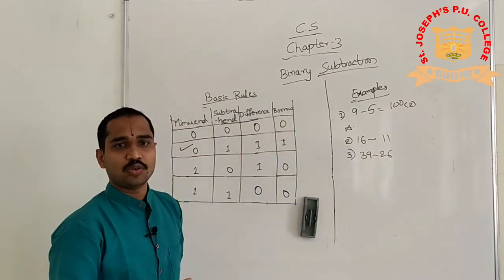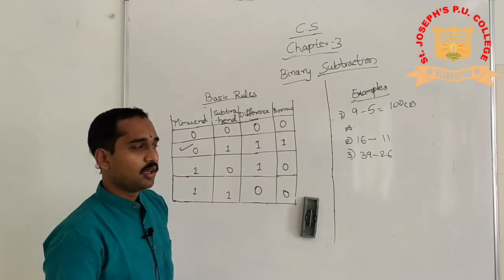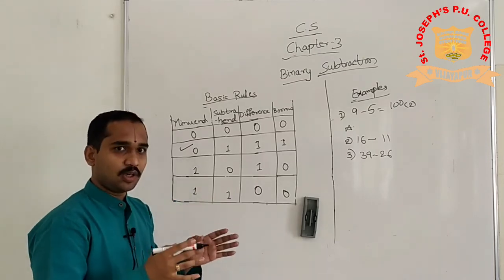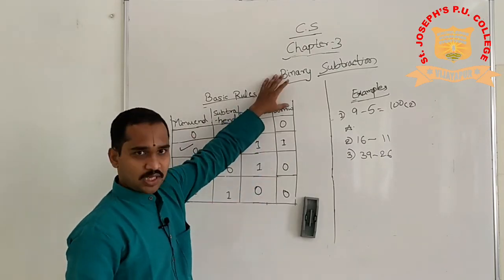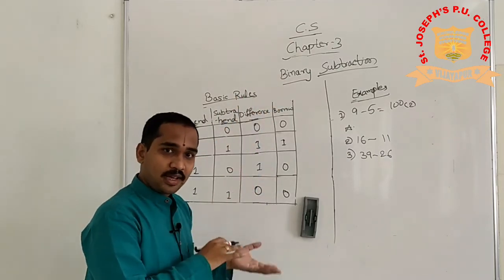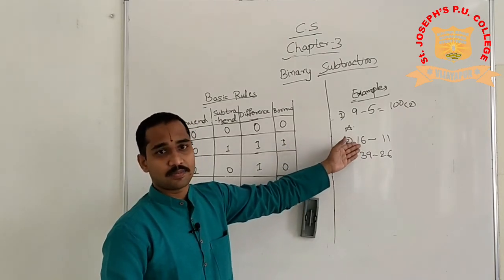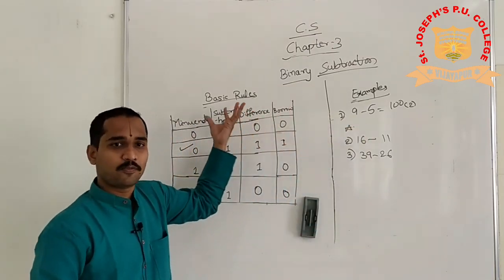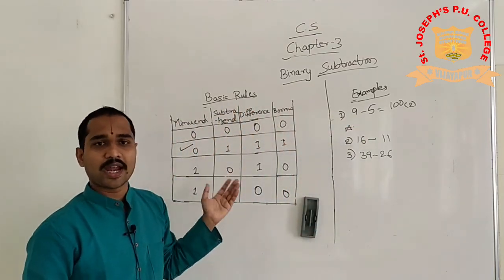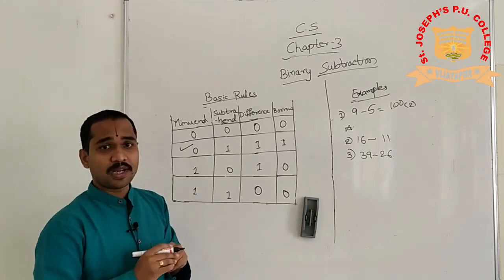Now please try to find the results in binary. Okay, now we have in this video understood binary addition and binary subtraction when the binary numbers are given, and also when the decimal numbers are given. When the decimal numbers are given, convert them to binary first and then follow these basic rules to add or subtract. Okay, now this will wind up binary addition and binary subtraction.